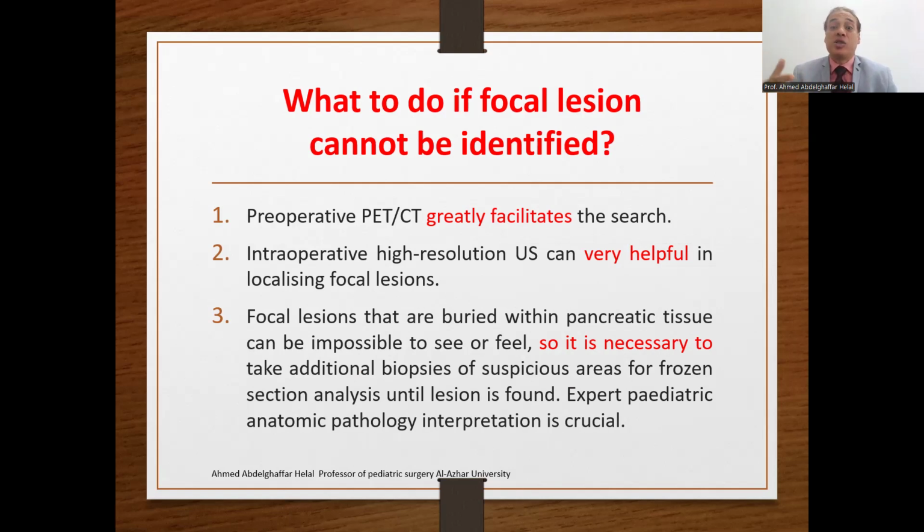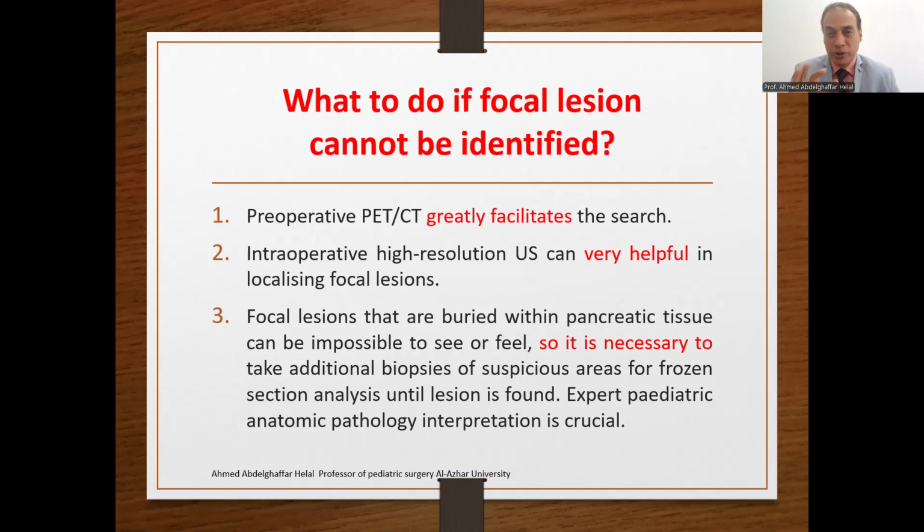Focal lesions that are buried within the pancreatic tissue can be impossible to see or feel, so it is necessary to take additional biopsies of the suspicious area for frozen section analysis until the lesion is found. Expert pediatric anatomic pathology interpretation is very essential.